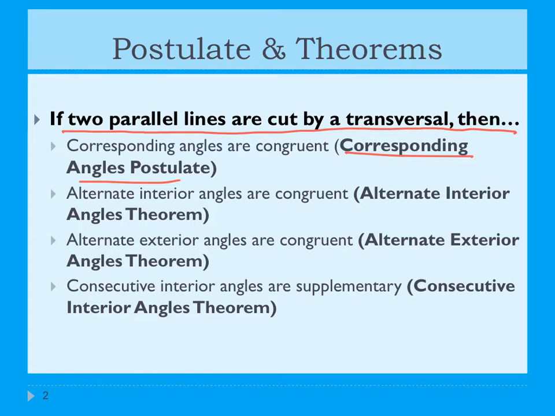If 2 parallel lines are cut by a transversal, then alternate interior angles are congruent, and that's your alternate interior angles theorem. The third one, if 2 parallel lines are cut by a transversal, then alternate exterior angles are congruent, and that's your alternate exterior angles theorem.